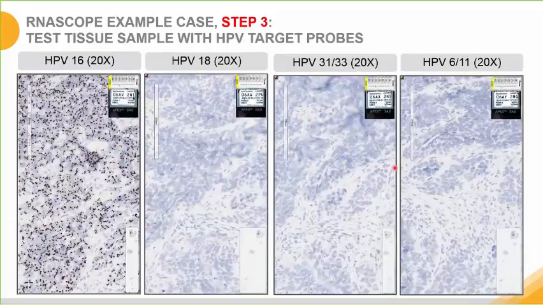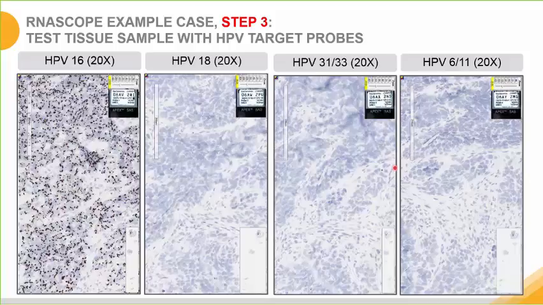In step 3 of the QC example case, the tissue sample is tested with several different target probes now that it's been qualified as having intact RNA without significant background staining.